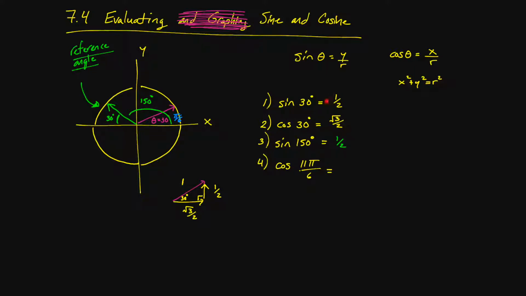Since we know that measure for the height here, this vertical component is the same on this side as well. It is also going to be 1/2. And if you notice, that's basically from this measure here, it is always toward the x-axis.